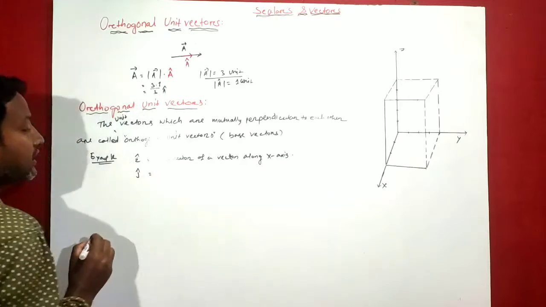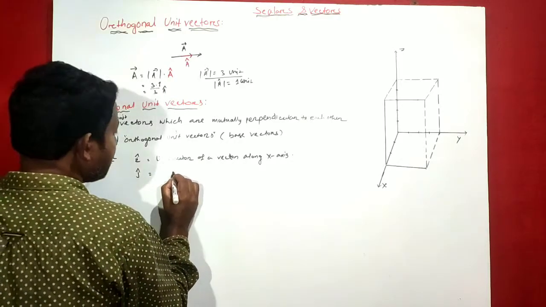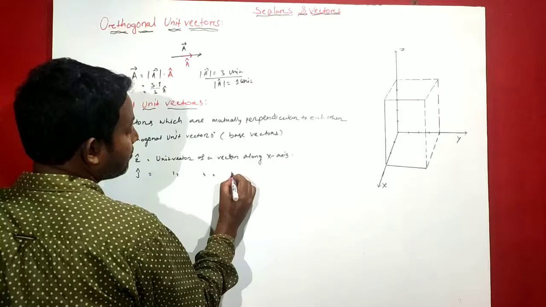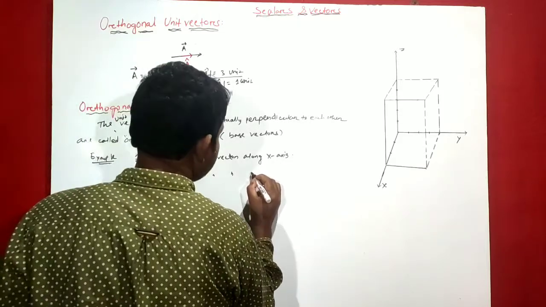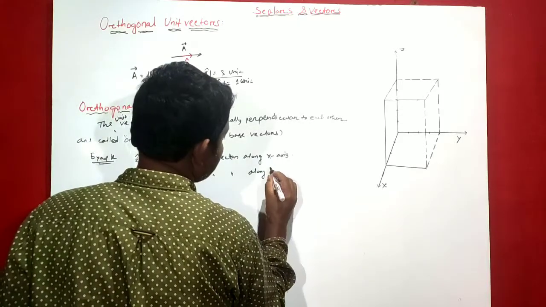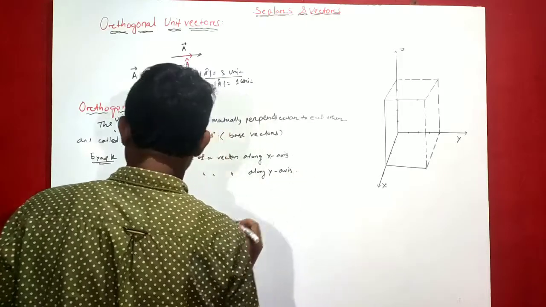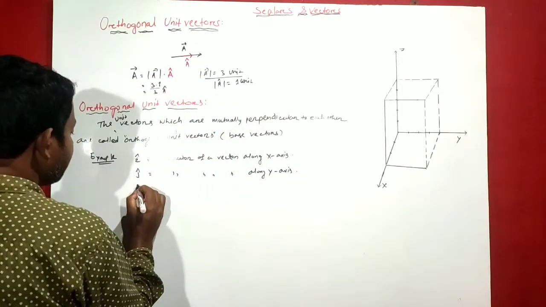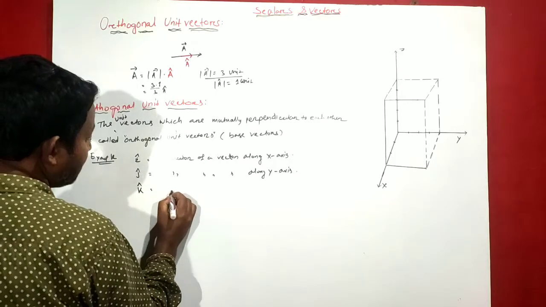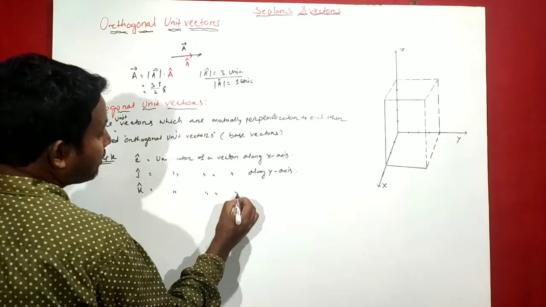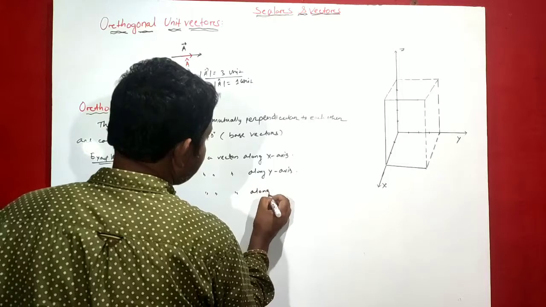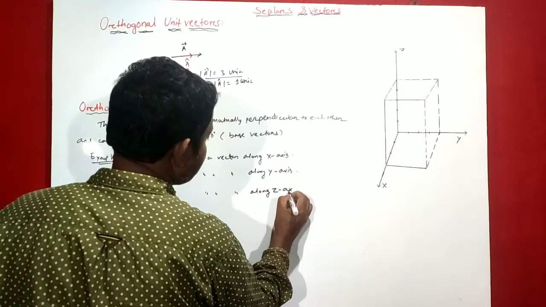J cap is unit vector of a vector along y axis. Likewise, K cap is the unit vector of a vector along z axis.